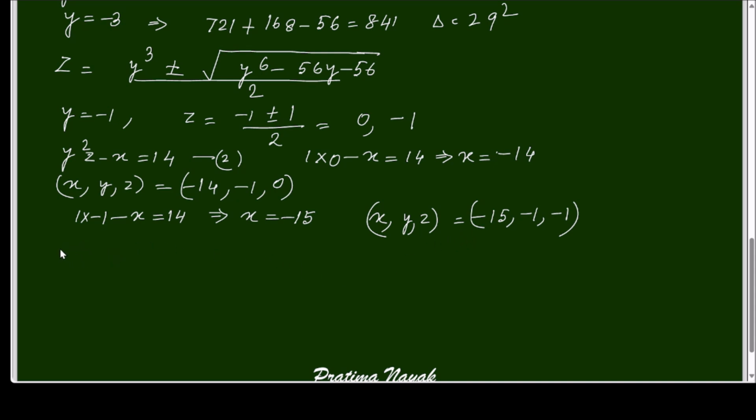When y is equal to minus 3, we'll get z is equal to 1 or z is equal to minus 28. That time x will be minus 26 and x will be minus 5.